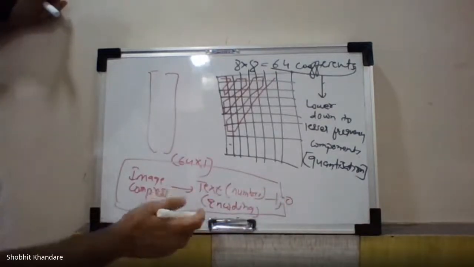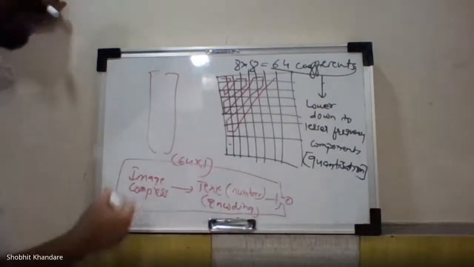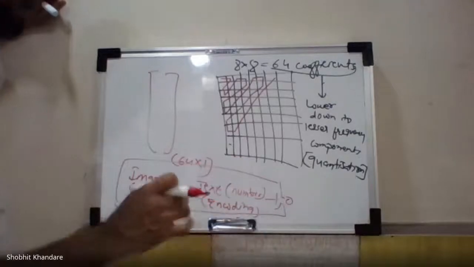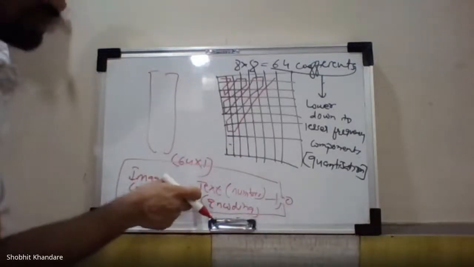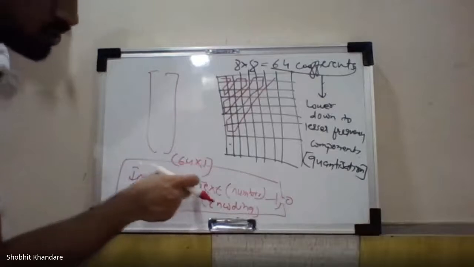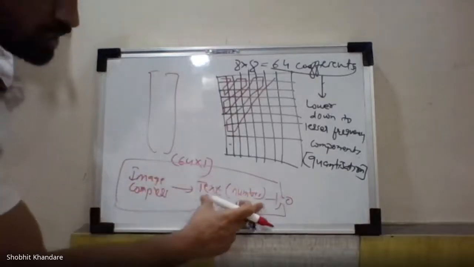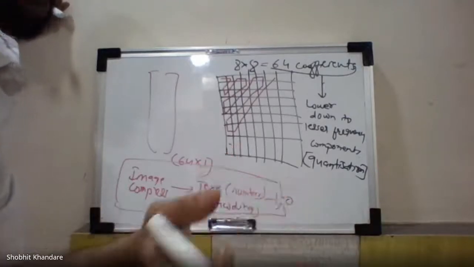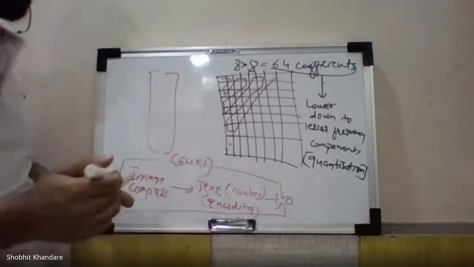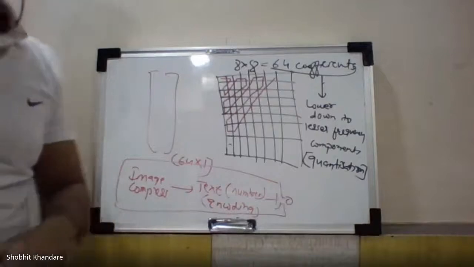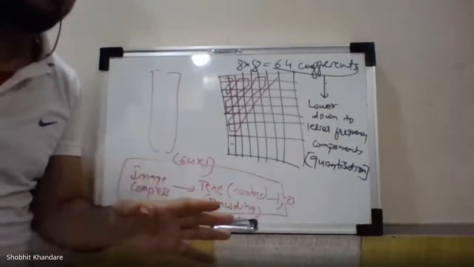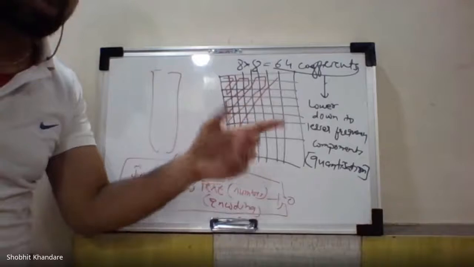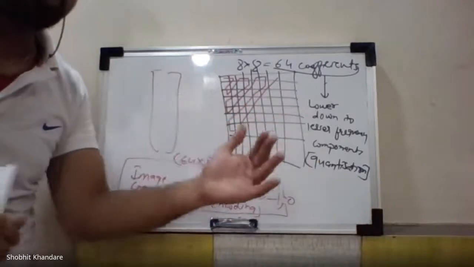So image compression as a whole is a lossy compression, but when you look into the details, where you convert the image into text or ones and zeros, in that specific area you have lossless compression. An example I have told you is Huffman coding, that is entropy encoding. Now my question is, can I say the entropy encoder is the last block as far as compression is concerned?